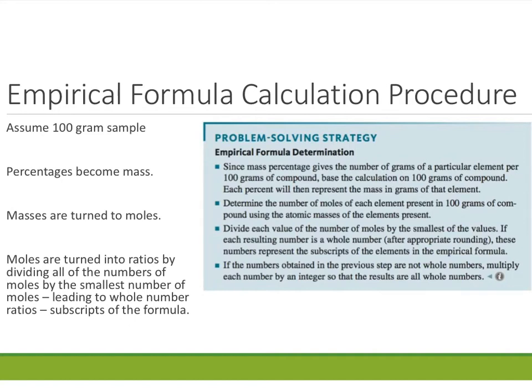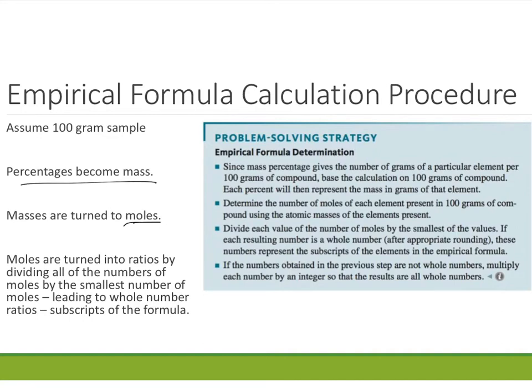Since the meaning of the word percent means per 100, if we assume that we have 100 grams of sample, then all of those percentages in the mass percent become masses. So once we get the masses, we turn each of those elements into moles. It is through ratioing the moles that we get the subscripts for our empirical formula.